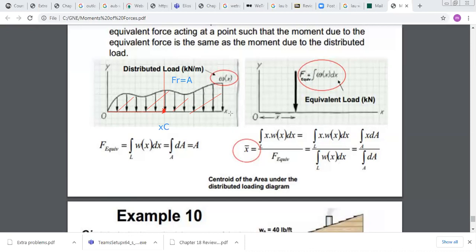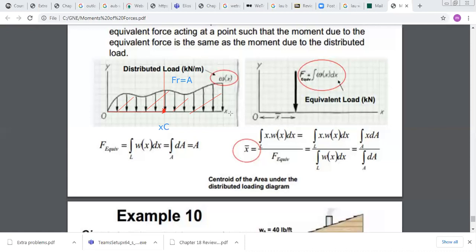Doctor, I Yes. didn't understand it. X bar. ما بعرف Okay. You know, in math, you know how to calculate the position of the centroid of an area? What is the formula to find the centroid? Do you know it? Yes, doctor.